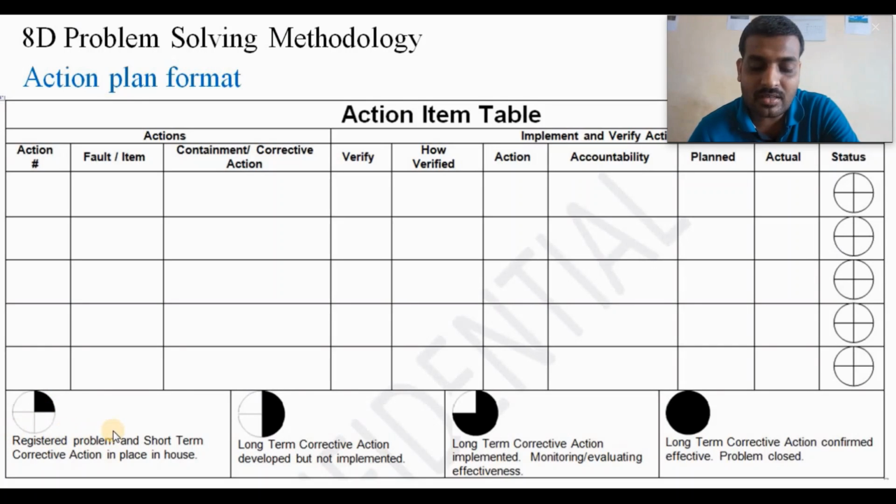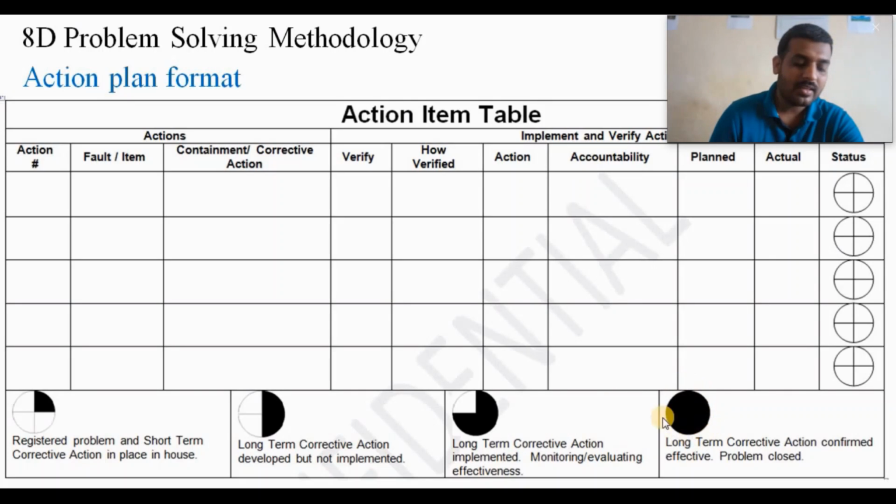If it goes to the third quarter, the long term corrective actions are also implemented and effectiveness is being tracked. If all the quarters are filled, then the long term corrective actions are confirmed effective and the problem is closed. This is the status, like PDCA.